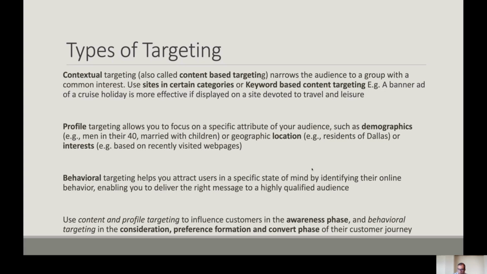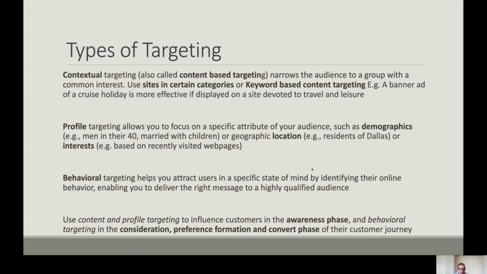Now, if a particular website has web pages that carry content that match with the keywords that the advertiser has selected, in that case, the advertiser's ad will become eligible to be shown on the web pages of such sites, right? So an advertiser's ad can be shown only in certain web pages of a website where the keywords selected by the advertiser match up with the content on that page, right? So this is the idea of keyword-based content targeting, okay?